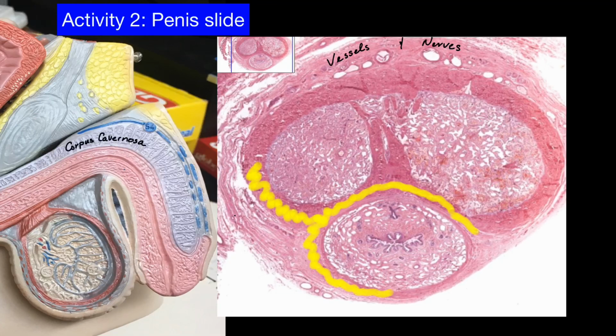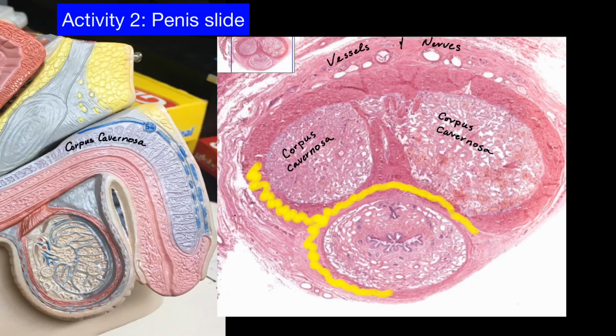So let's look at a few of these tubes. So remember that the topmost or dorsal portion of the penis is comprised of two tubes called the corpus cavernosa. Cavernosa is plural, cavernosum, singular. So these tubes have muscle, but they also are filled inside with a labyrinth of blood sinuses.